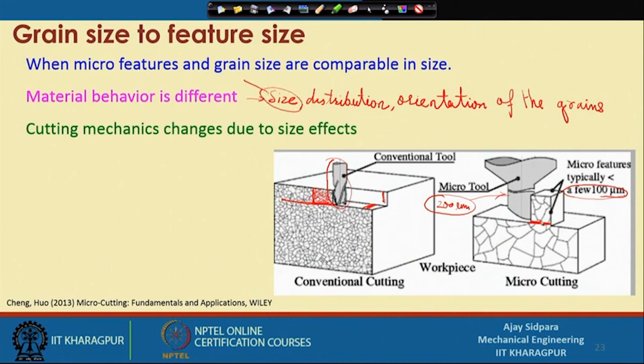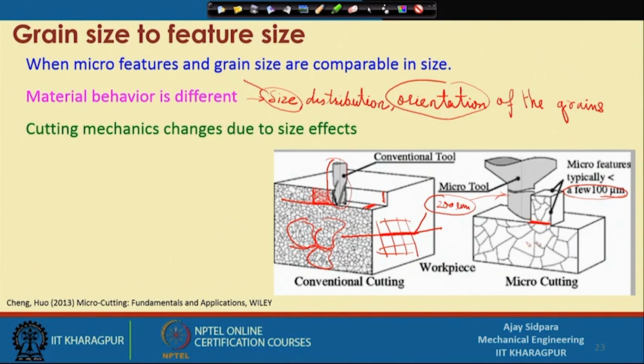Distribution means how they are distributed. Orientation also makes a difference, because if they are uniformly oriented, like this, which is a very ideal structure, and your cutting tool is located here, then it can find a grain boundary very easily, and that grain boundary is continuous in this case. But if they are located something like this, then there is a problem that you may not encounter this particular boundary to initiate the slide cutting. And because of these different phenomena, the cutting mechanics changes due to the size effect.